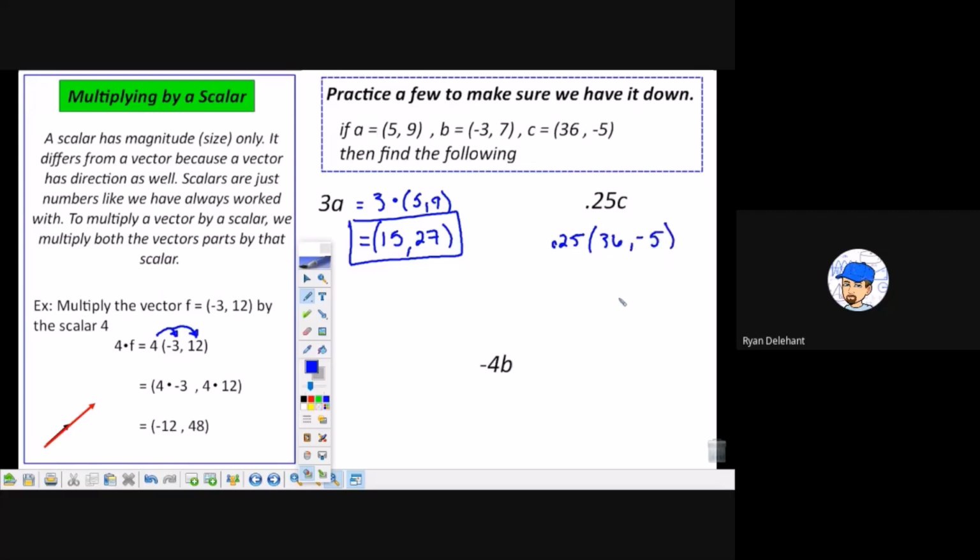What is 0.25 times 36? 9? And 0.25 times negative 5. Negative 1.25. So we can have decimals in there as part of one of those components as well.